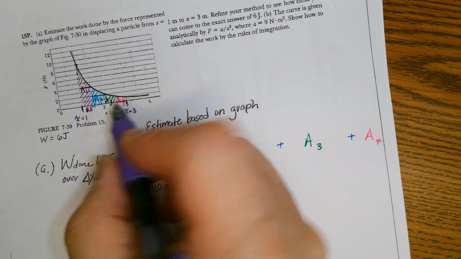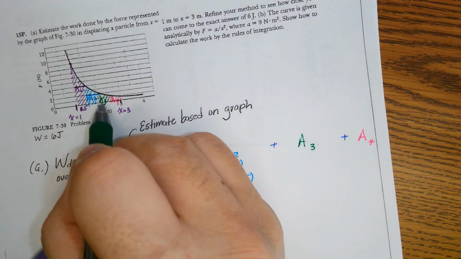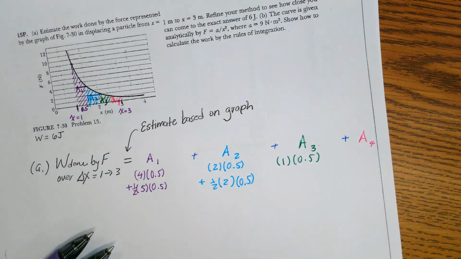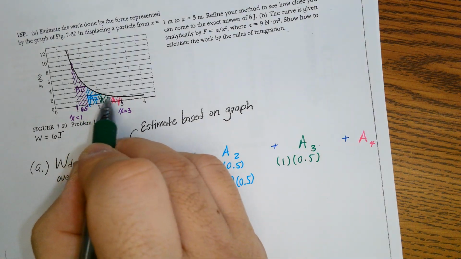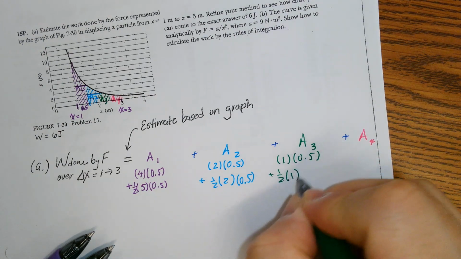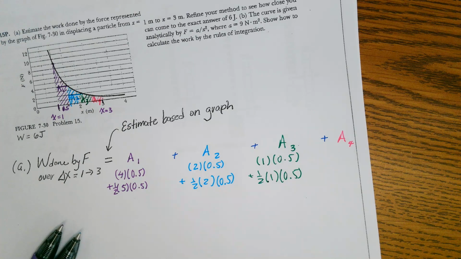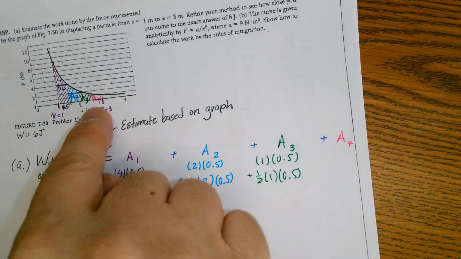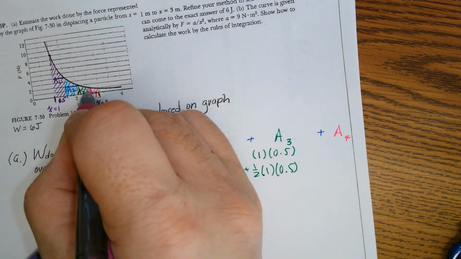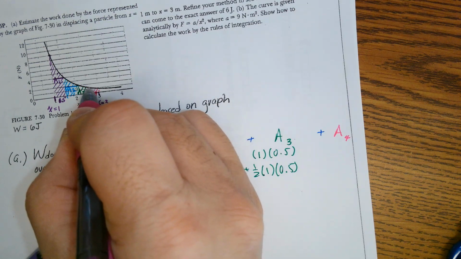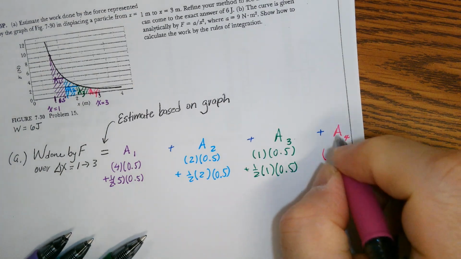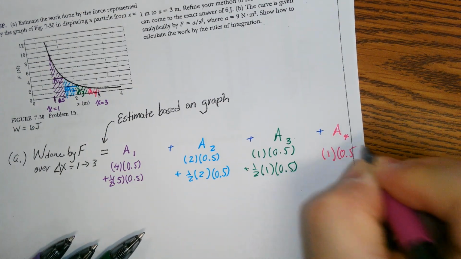And then for area 3, it looks like I have 1 times 0.5, and then I got this little triangle up here, which is 1 half of 1 times 0.5. And for area 4 it's just 1 times 0.5, because I'm going to have that little extra here, but we're going to add that to some other place. And so 1 times 0.5.